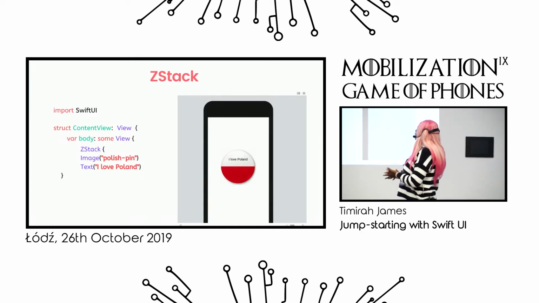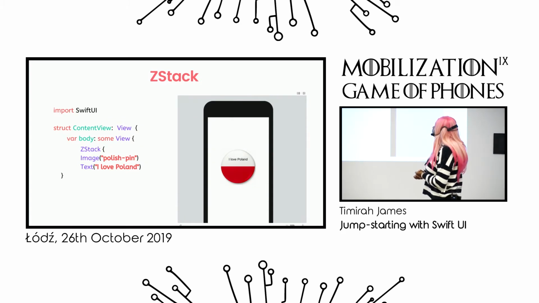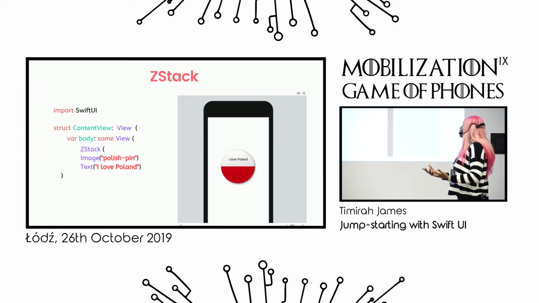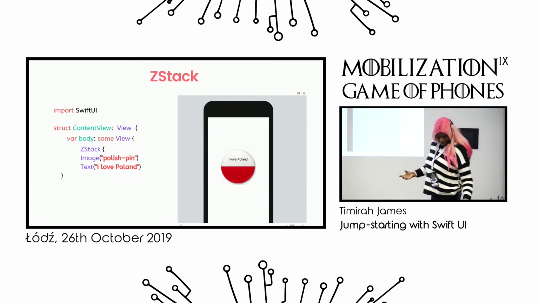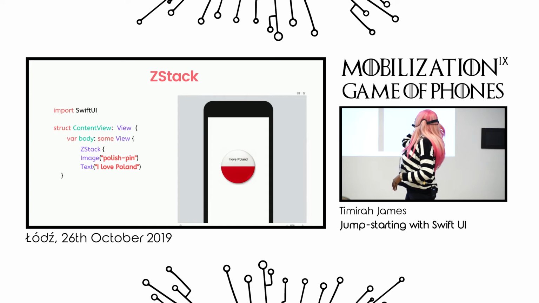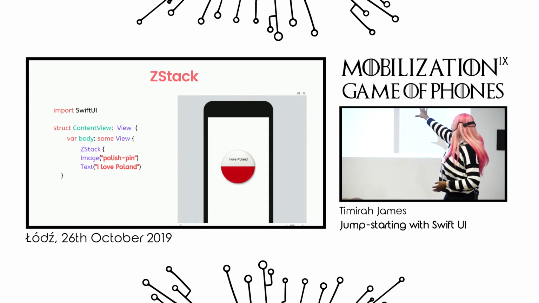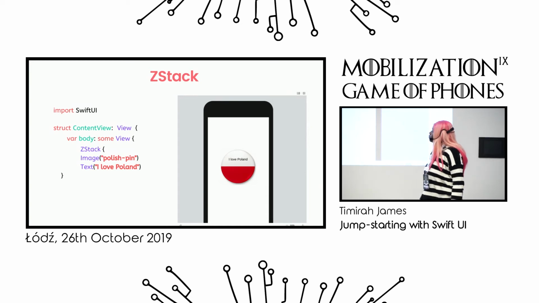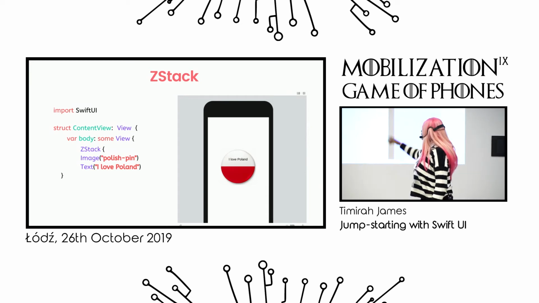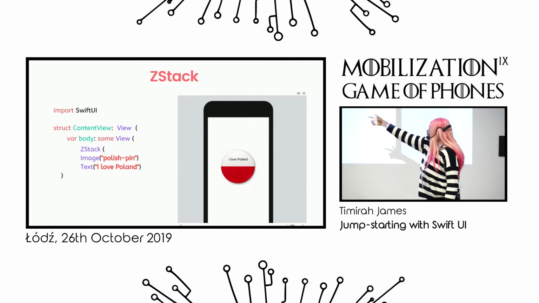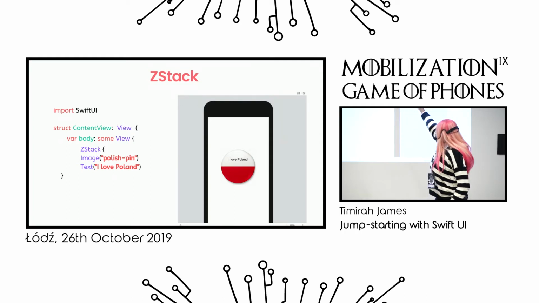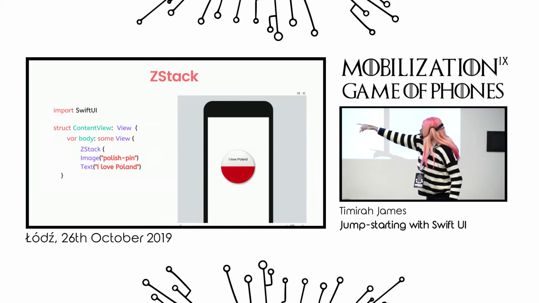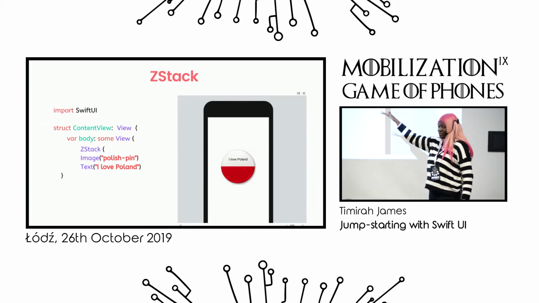ZStack. Okay, so in our ZStack, like I said, it's an overlay. For example, I have an image of a Polish pen, a little button, and I have my text overlaid, right? And notice I have the text, the view, over top, underneath, in order to say, hey, I want this displayed over top.